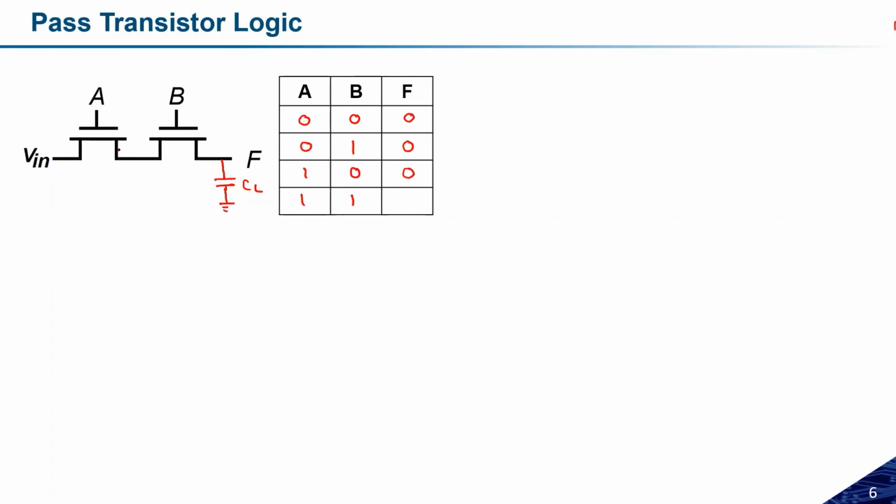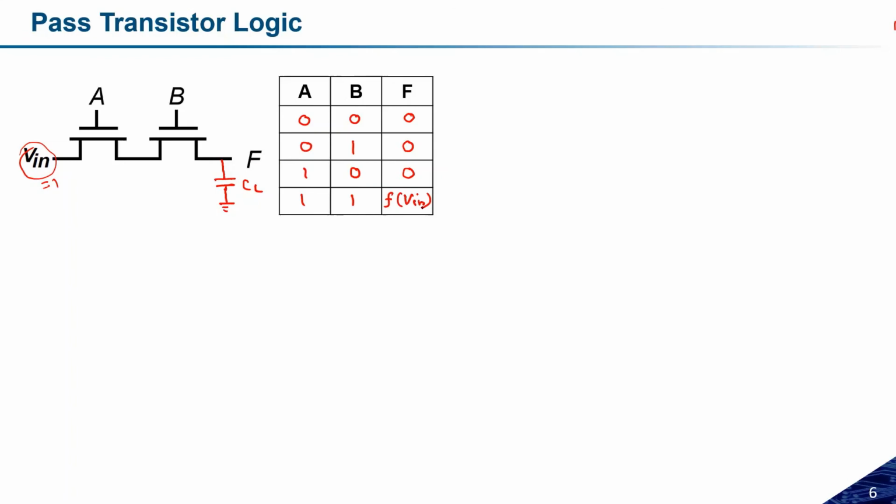But if A and B both are 1, then based on the input value, the function output will be charged. If Vin is equal to 1, then this 1 can be transferred to F, because both transistors are in the on state. So now this becomes a function of the input. Can anyone tell which kind of logic this looks like?